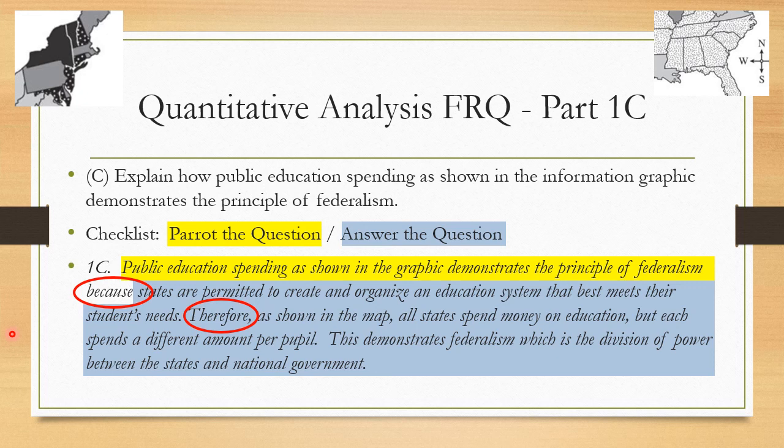And this is what I've done here. I said therefore, and again, related it back to the data. As shown in the map, all states spend money on education, but each spends a different amount per pupil. And I made sure I defined federalism, which was the key term in the question, right? Federalism, which is the division of power between the states and the national government.